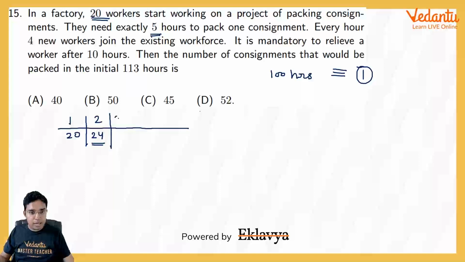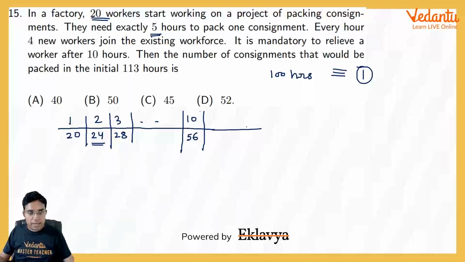In the third hour 4 more will join. So in the third hour 28 work hour will be done, and then so on and so on. This will go on till 10th hour. In the 10th hour, if you follow this AP, because every time 4 workers are getting added, so I think here it will be 56. Let me check. Yeah, 56.